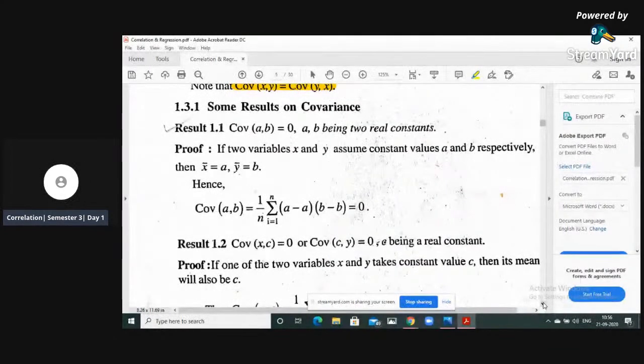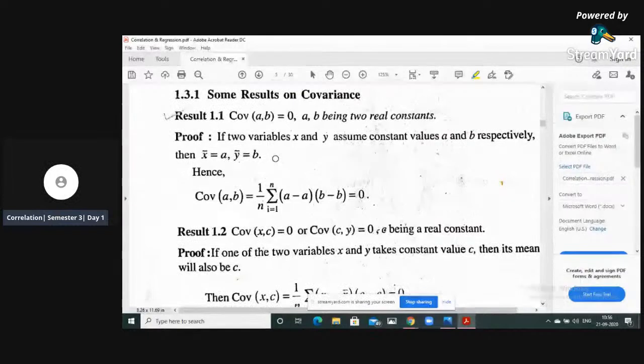Result number 1.1: covariance of a, b is 0, a and b being two real constants. So in place of x and y, if you take a and b, this is a relation which you have done in semester 1 again. x bar becomes a, y bar also becomes b.